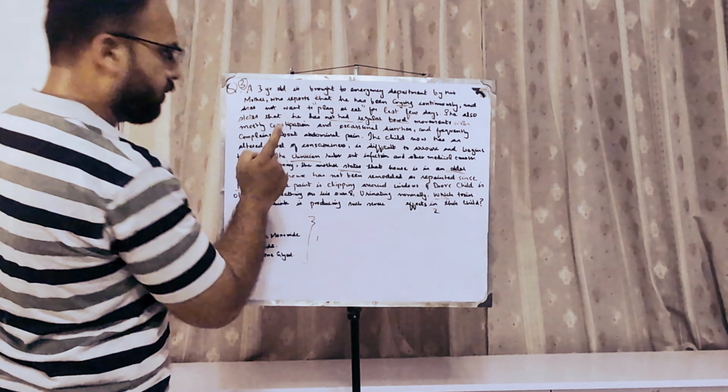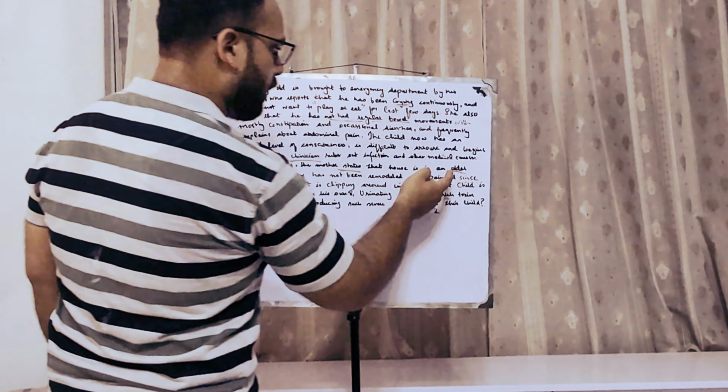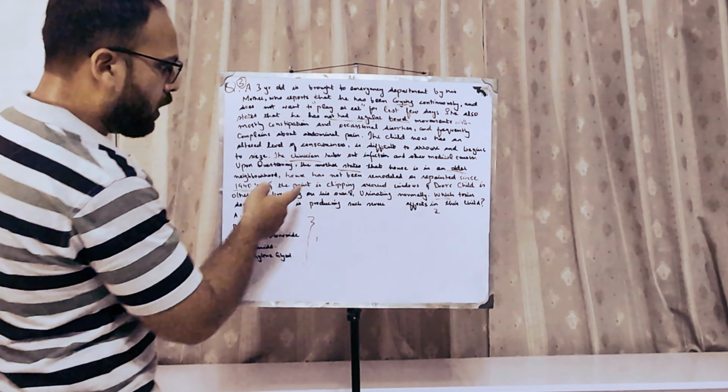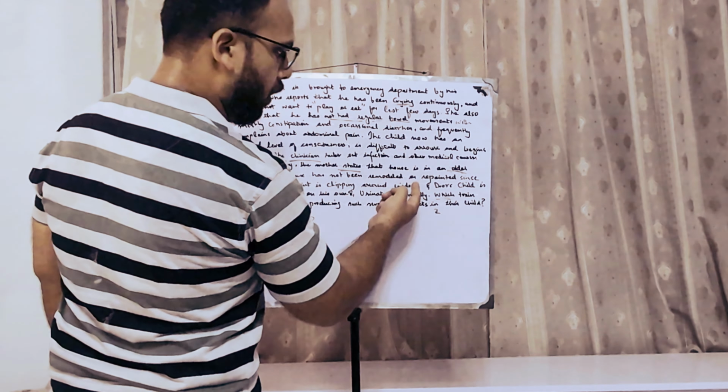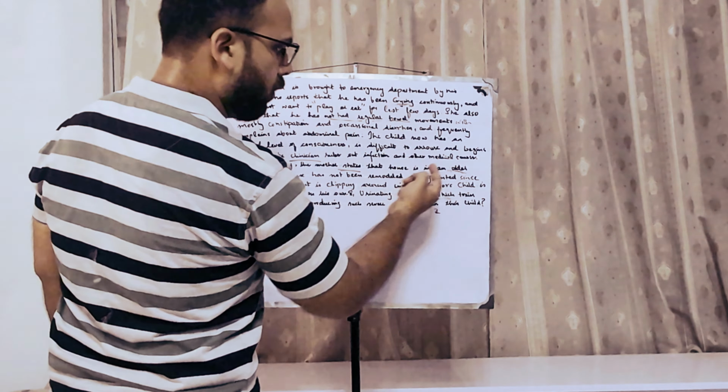Upon questioning, the mother states that the house is in an older neighborhood, has not been remodeled or repainted since the 1940s, and paint is peeling around windows and doors. The child is otherwise breathing on his own and urinating normally. Which toxin?